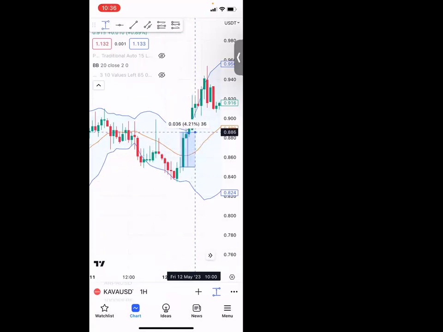However, someone who targeted the upper band would get 5%. But my philosophy, personally, is that I don't want to stay in trades for long. If I can take a trade and get a 2% in 2 hours or 1 hour, I sell, then I identify another trade of 2%, and in another hour I sell.